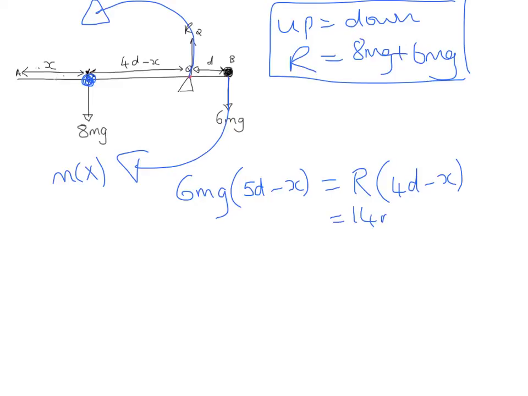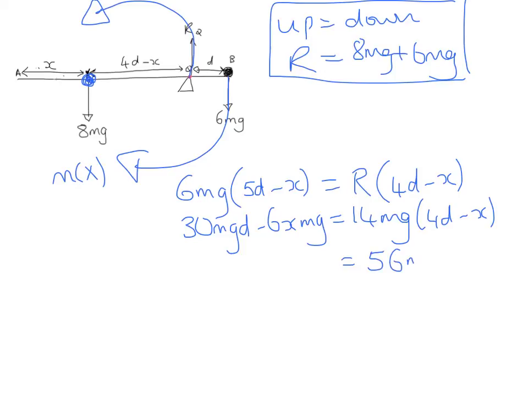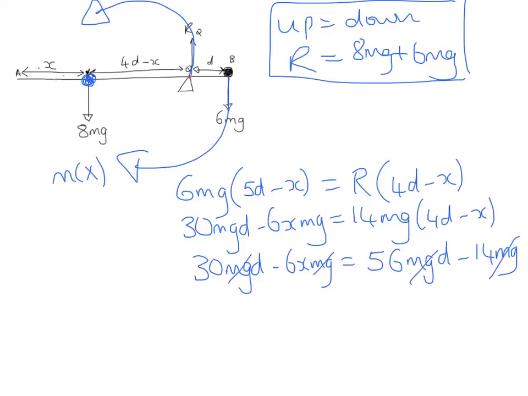So that's 14 mg, 4d minus x, and let's see what happens now. 30 mgd minus 6x mg equals, what's that, 56 mgd minus 14 mg. And let's cancel those mg's off everything. Let's see what we're left with.